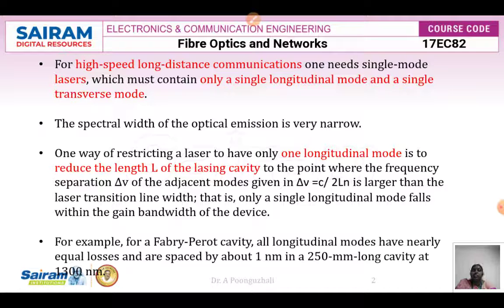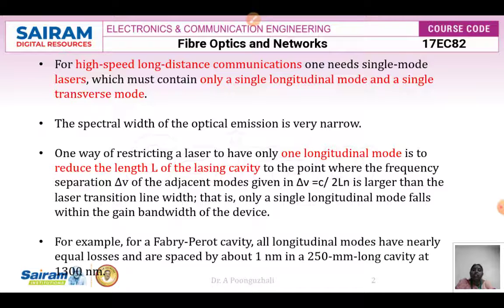Suppose, for example, I am going to use a Fabry-Perot cavity where all the longitudinal modes have nearly equal losses, and these are spaced about 1 nanometer apart in a 250 millimeter long cavity at 1300 nanometers.